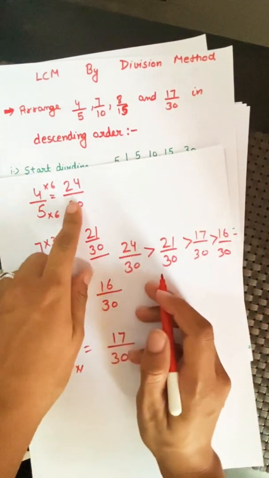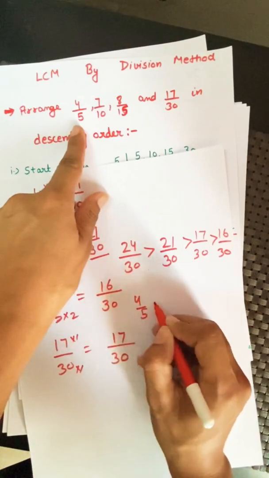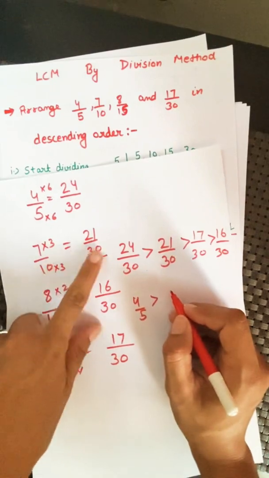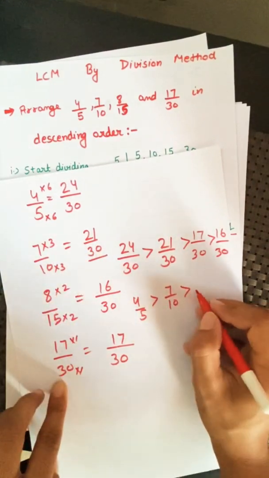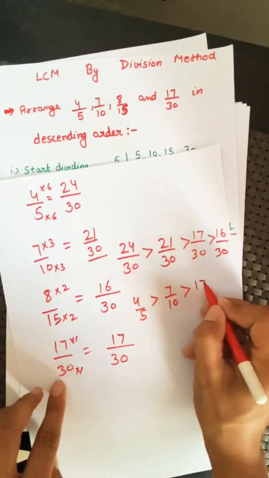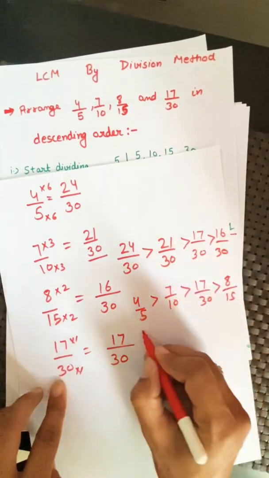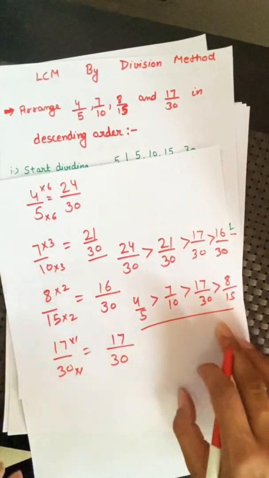And if we write those numbers we were given, the unlike fractions, 4 by 5 will be greater, and 7 by 10, and then 17 by 30, and then 8 by 15. So these are the numbers arranged in the descending order.